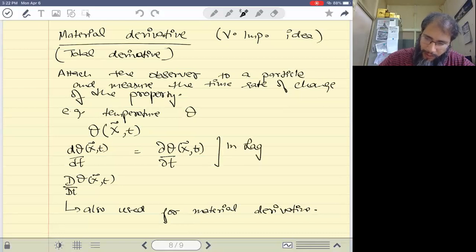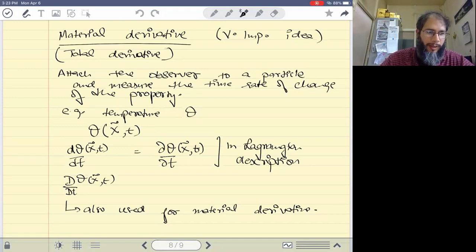So let me write in Lagrangian description. That means that your theta is given in the Lagrangian description, or in terms of capital X and t.